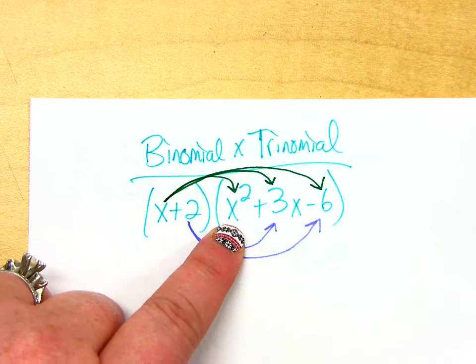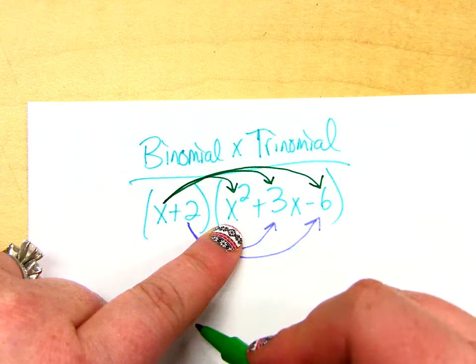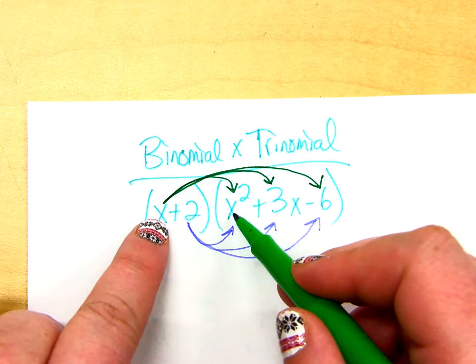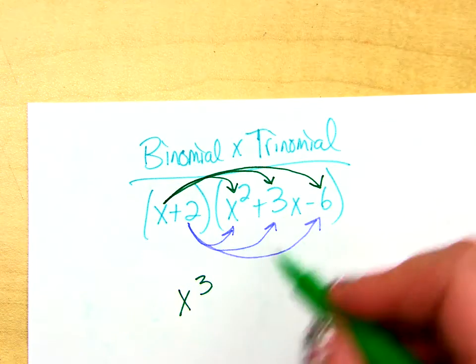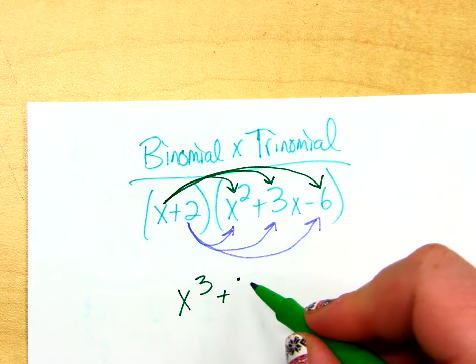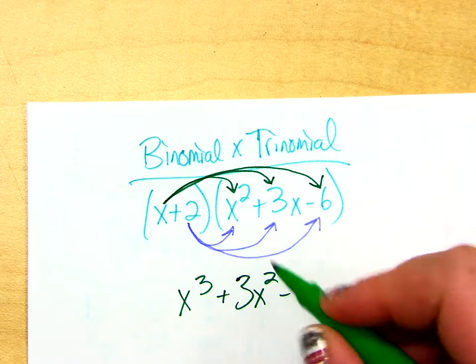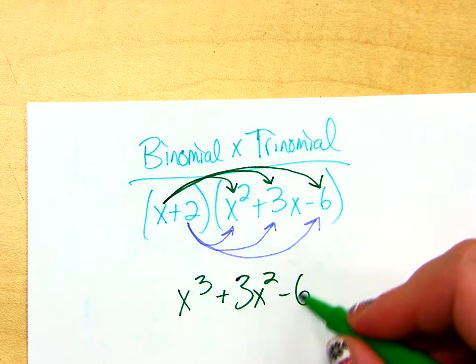So what's x squared times x? X times x squared would get me x cubed. X times 3x would be 3x squared. And x times negative 6? Negative 6x.